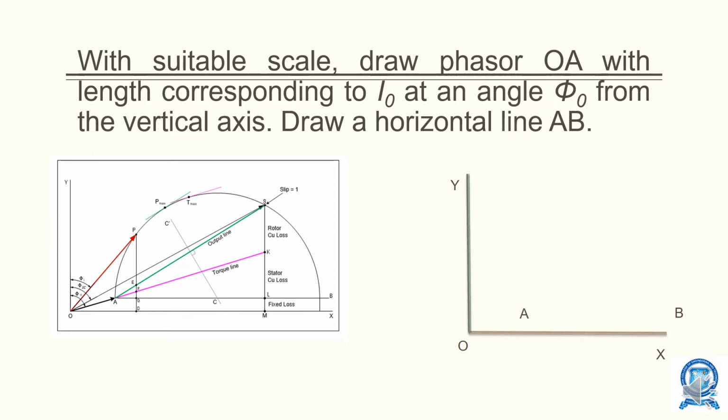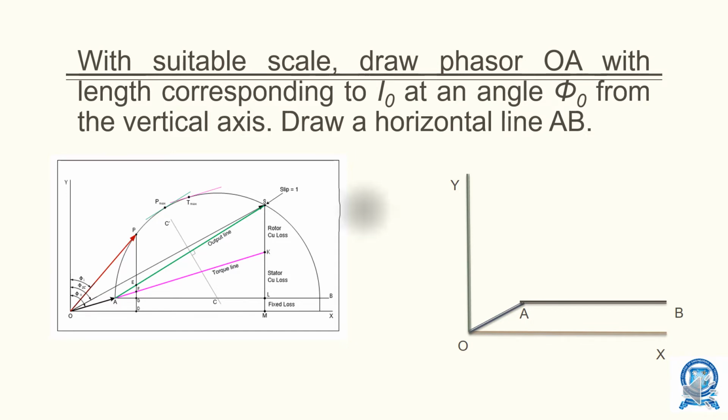Now you need to take an angle, which is phi naught. We have already calculated the value of phi naught, so you plot that phi naught from the vertical axis and draw a horizontal line AB. That's all in this step.